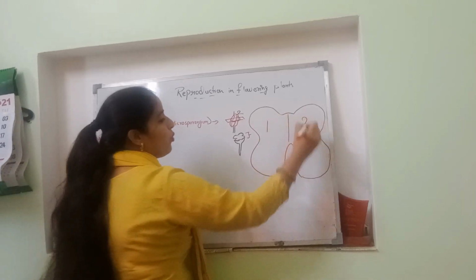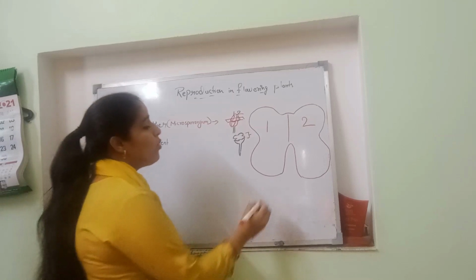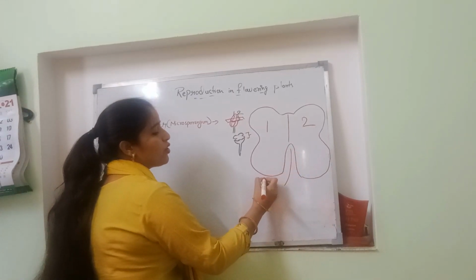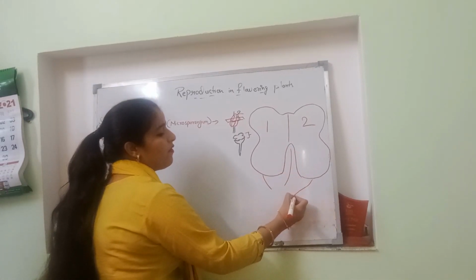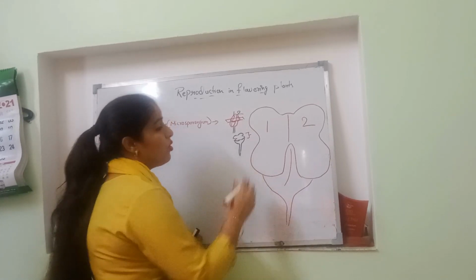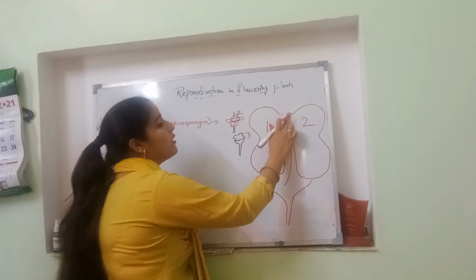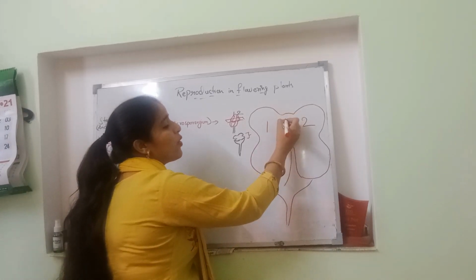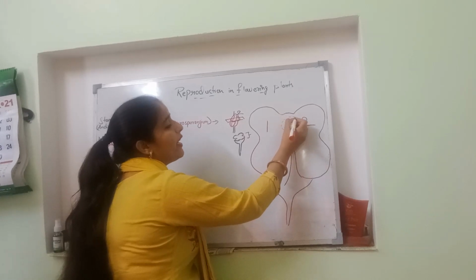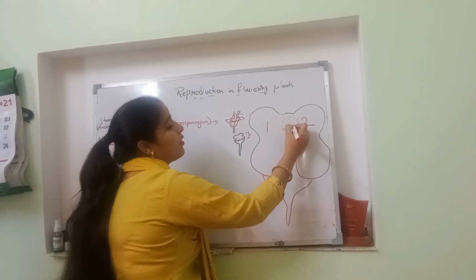Number one, number two. When we enlarge this, we can find that it is having two lobes, and downward, if we see, it is attached to a filament. Right? So lobe one, lobe two. These lobes are connected by some sterile cells which are not going to produce any kind of pollen grain.